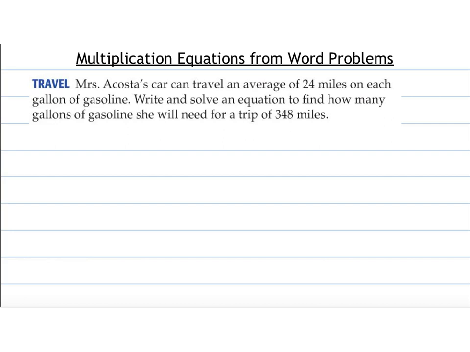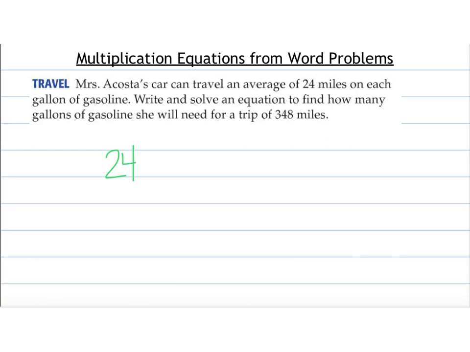Okay, we have a couple word problems. Mrs. Acosta's car can travel an average of 24 miles on each gallon of gas. Write and solve an equation to find how many gallons of gasoline she will need for a trip of 348 miles. So we're going to write our equation. We know that it's 24 miles on each gallon, and we want to know how many gallons.